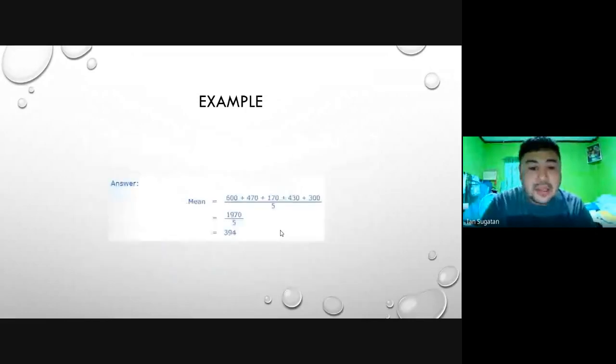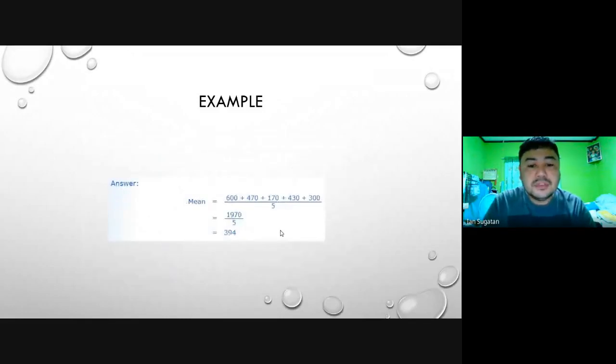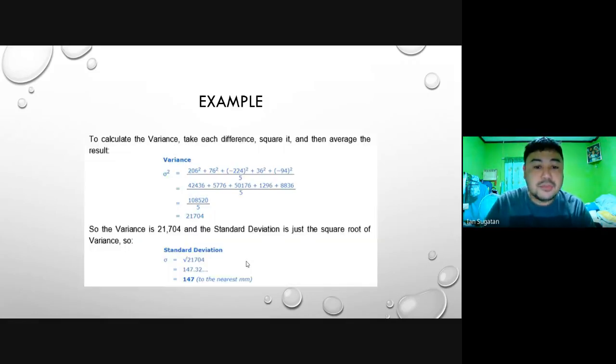For example, for 600, we take the difference, square it: 600 minus 394, then square it. Then for the second, 470 minus 394, squared. Do the same for the rest.